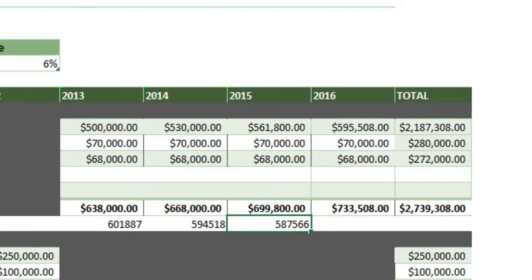We do the same thing, and lastly year 4, 1.06 raised to 4, and we also do the same.